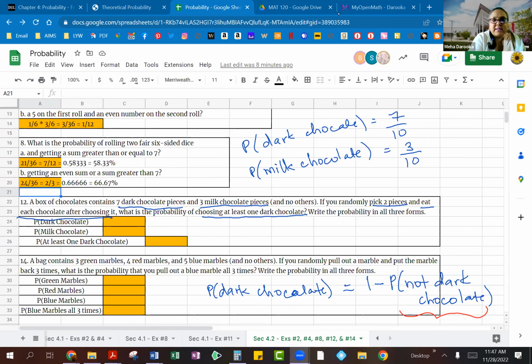Terry, very good. Yeah, the first part would be 3 out of 10, which is this one over here. And then what happens the second time that you pick a candy again or chocolate again? Sarah, yeah, the first one will be 3 out of 10.